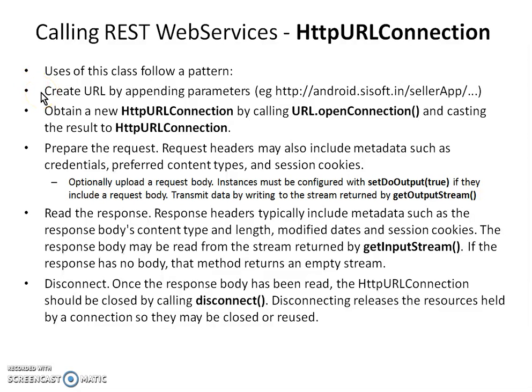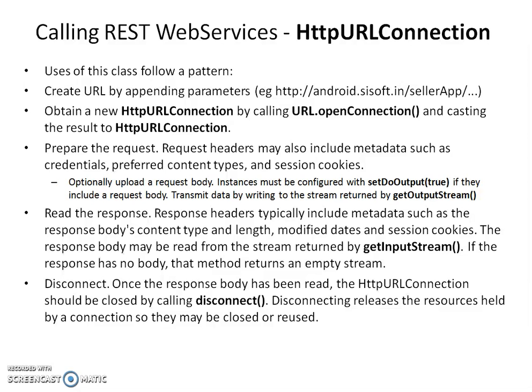First, we need to create the URL. Then we need to get the HttpURLConnection, which we get by url.openConnection. Having done that, we prepare the request. If it is a GET, then the parameters go along with the URL. If it is a POST, then we will have to upload the parameters in the request body.